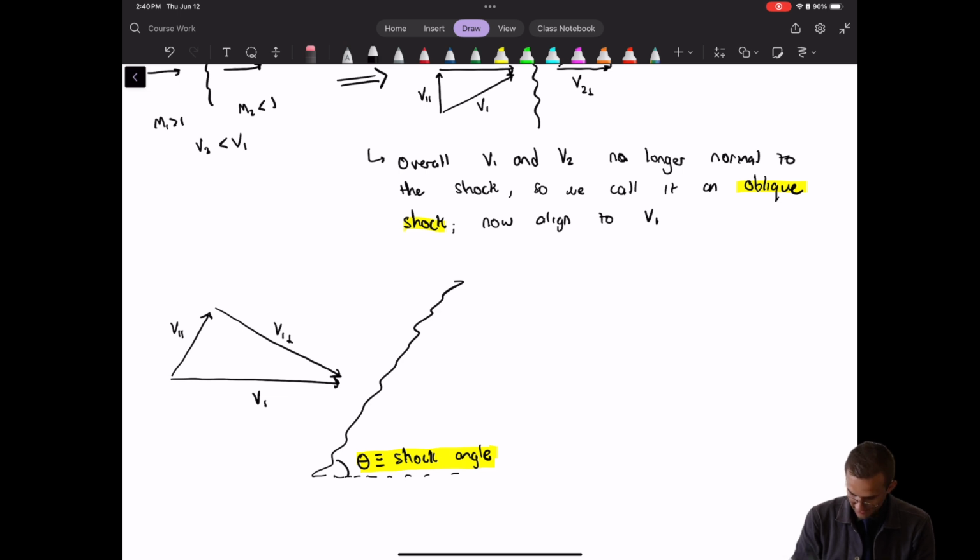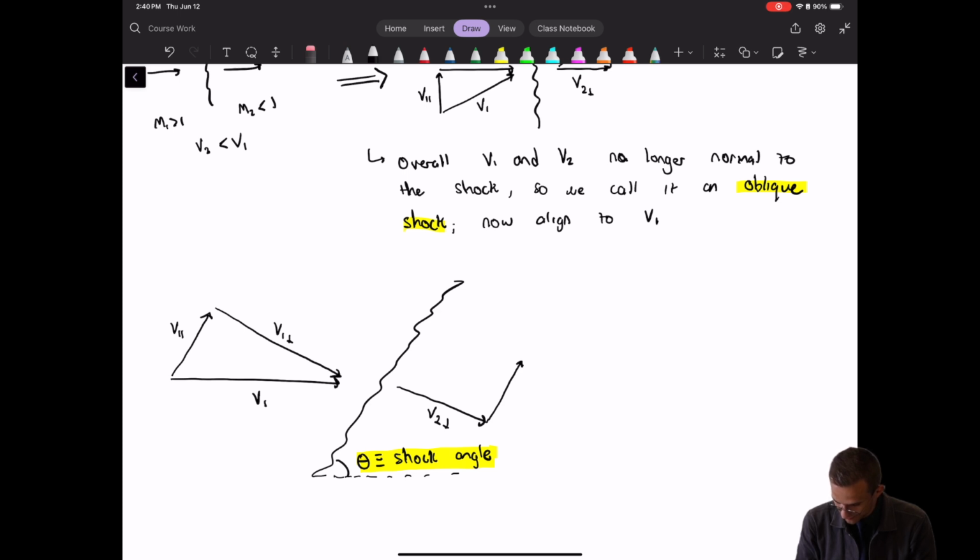Coming out of the shock, we get a smaller perpendicular velocity, V2 perp. And then V parallel, because it's parallel to the shock, does not change across the shock. So the magnitude of these two vectors should be the same.